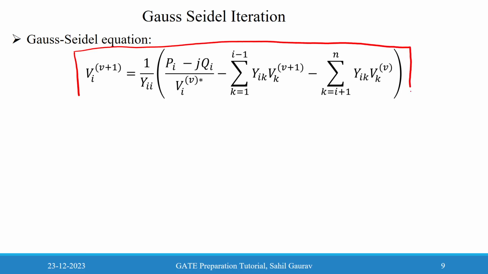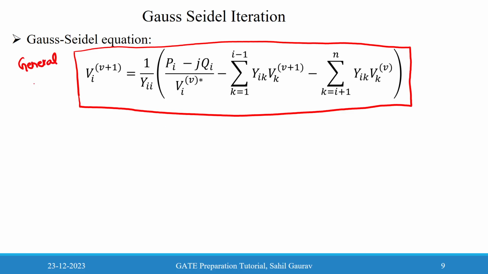Sir, the expression for Gauss iteration is different, and the Gauss-Seidel equation is different, sir? Yes, it is different, but only slightly different. This is the Gauss-Seidel expression in general form, but you need not get confused by the long expression.